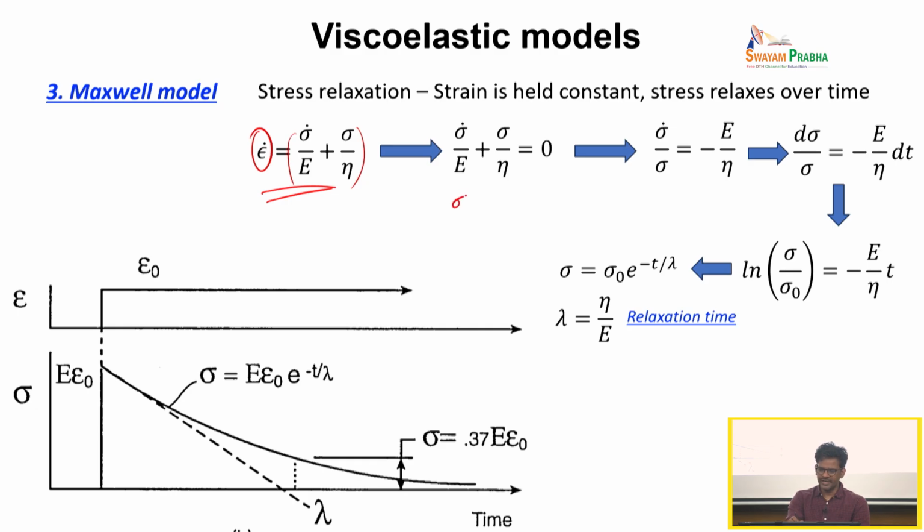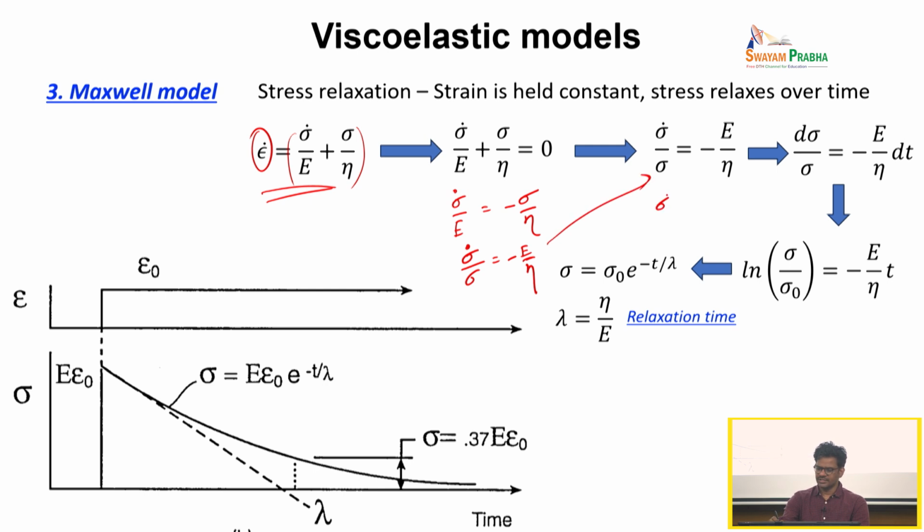That means I can write sigma dot by E is equal to minus sigma by eta, and then I can bring this sigma to the left. So, I will have sigma dot by sigma is equal to minus E by eta, okay, and that is what this equation is.